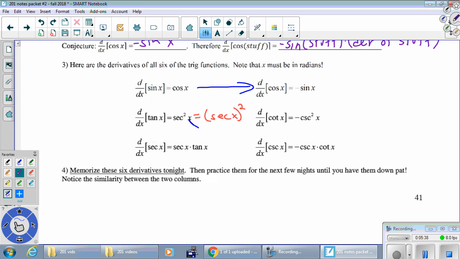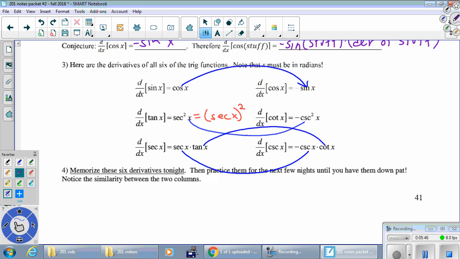So secant becomes cosecant, tangent becomes cotangent, cosine's co-function is sine. If you memorize the one column and you understand the relationship between the columns, then the second column pretty much comes for free. So memorize these 6 derivatives tonight and practice them for the next few nights. It is in your best interest to have them down pat. I know you're going to have a cheat sheet with these 6 things written on it for the test, but trust me, you want to just have these things down cold.